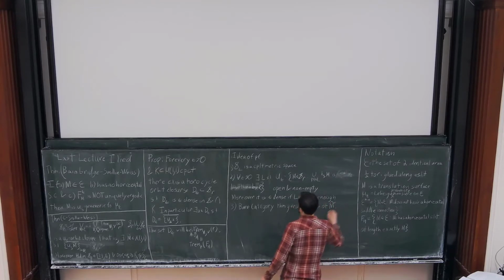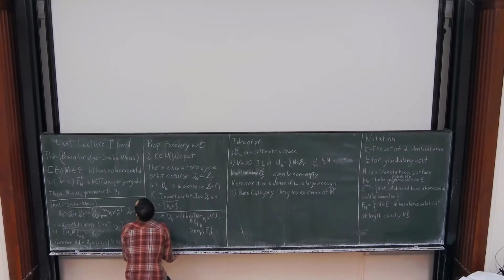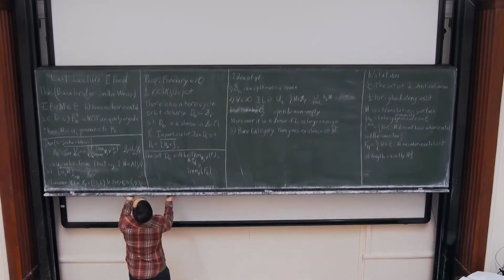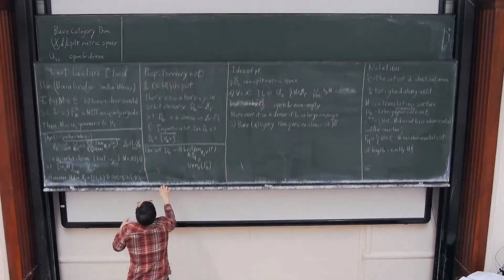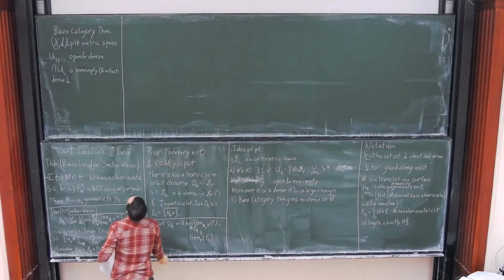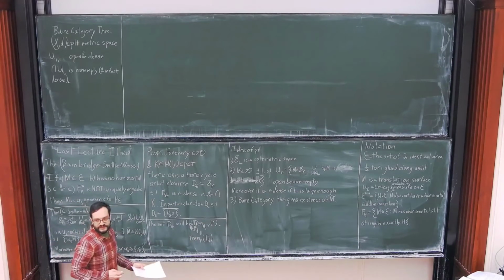So let's recall what the Baire category theorem says. The Baire category theorem says that the countable intersection of open dense sets is non-empty and in fact dense.